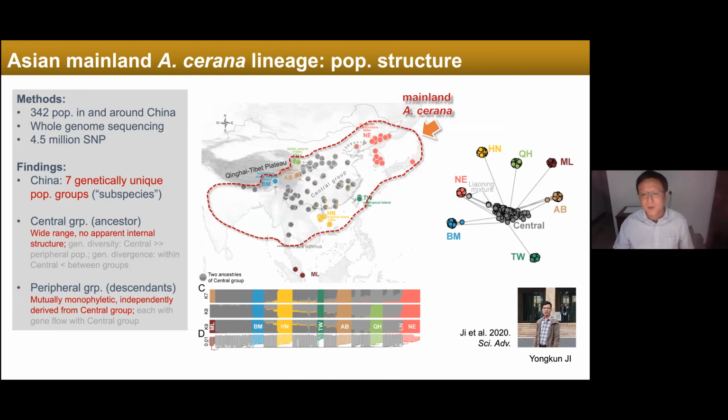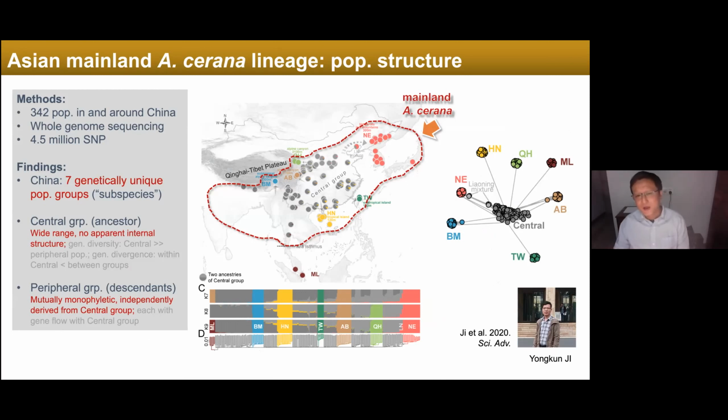We recently published a paper in 2020 using whole genome information to try to understand the evolution of the mainland lineage of the species.